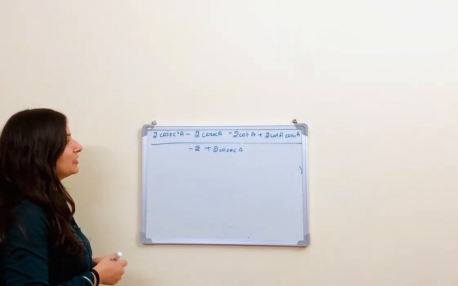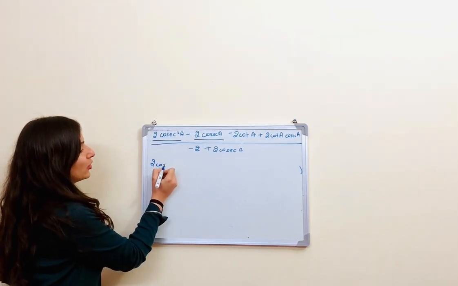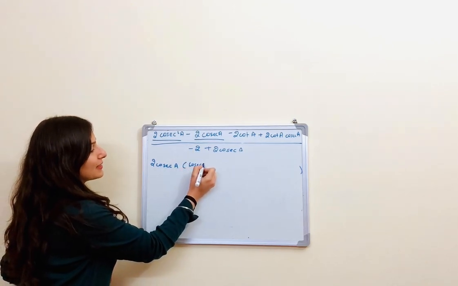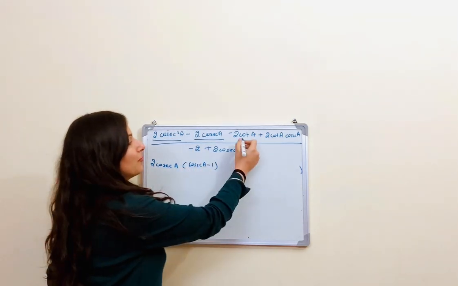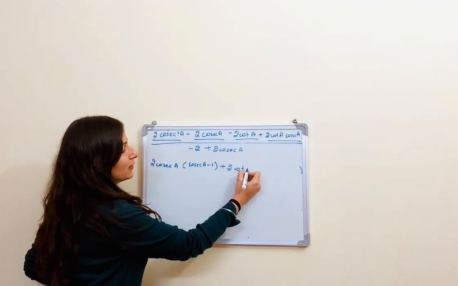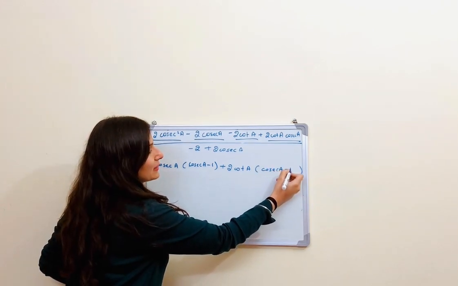So moving to the next step, let's take 2 cosec A common from the first and second term, it will become cosec A minus 1. Similarly, from the third and fourth term, let's take common plus 2 cot A. Then we'll be left with cosec A minus 1, same.